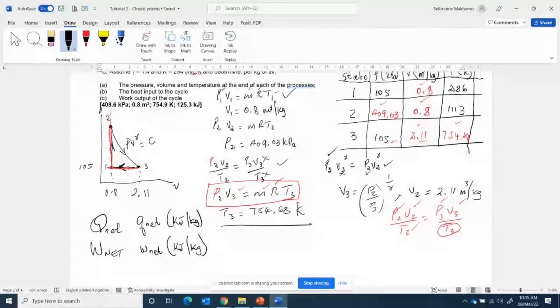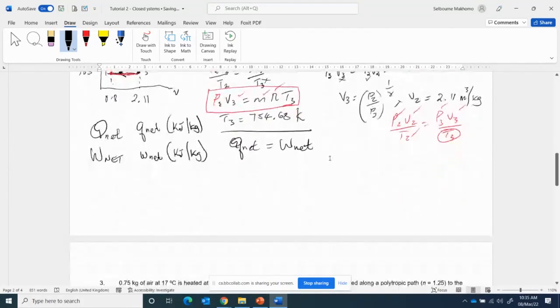Now remember, for the cycle, Q net, according to the first law of thermodynamics, Q net is equal to work net. All you need to do is calculate work net for all the processes. You add them, and then you say, according to the first law of thermodynamics, Q net is equal to work net. There's no need for you to calculate heat because they are equal.